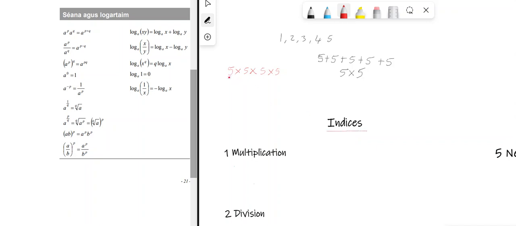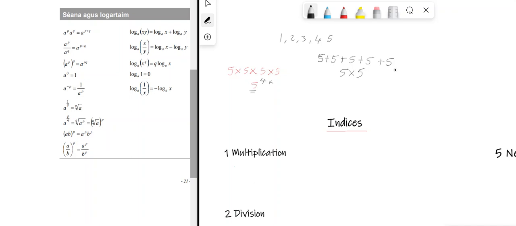I can write it as 5 to the power of, and we count the number of 5s that we have: 1, 2, 3, 4. So it's 5 to the power of 4. This here is known as the indice, and this here is known as the base number. So instead of writing out the multiplication, we can shorten it down to 5 to the power of 4.